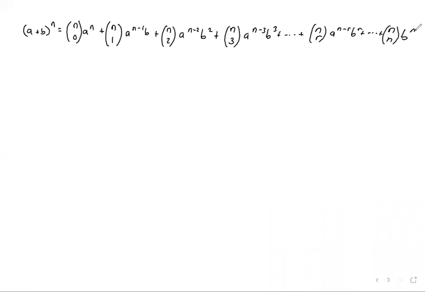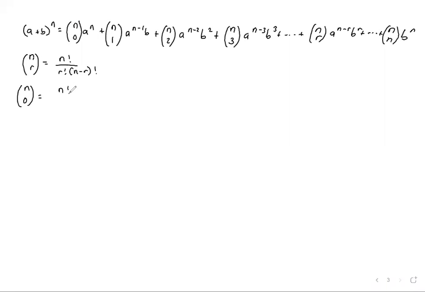Okay, so now, since we have defined nCr as n factorial over r factorial times n minus r factorial, let's see what nC0 would give us.